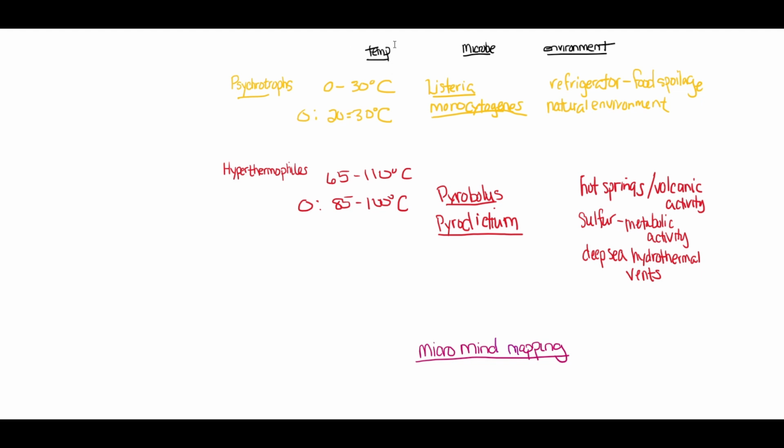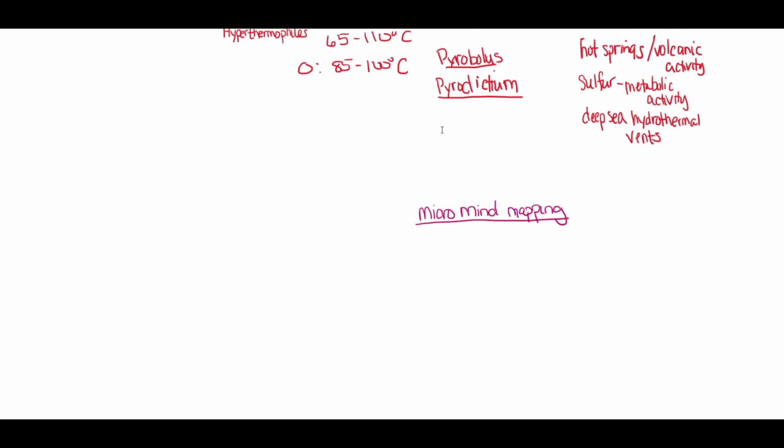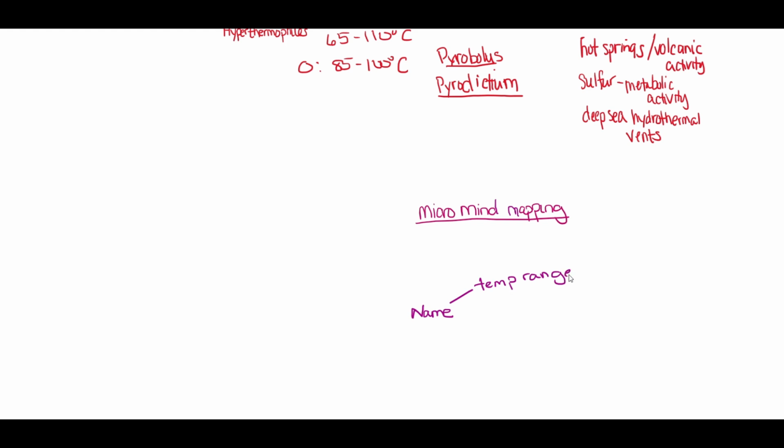In order for you to remember this, I would like to show you mind mapping, micro mind mapping. So I'm going to choose a different color here. What you can do is put the name of the group, for example, hyperthermophiles, and then you stem off with the temperature range, and then stem off for the optimum temperature.